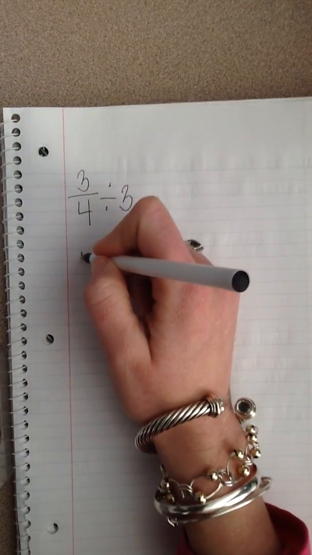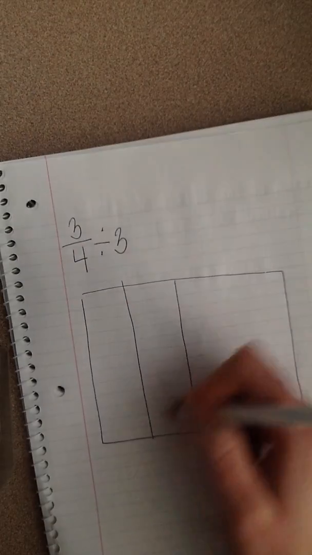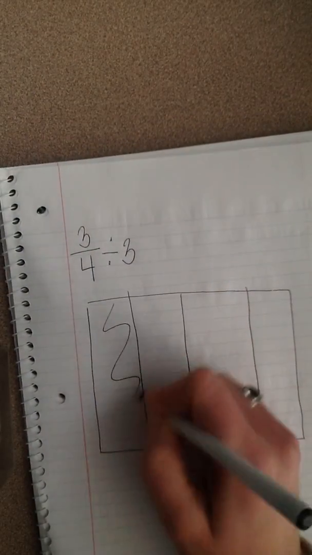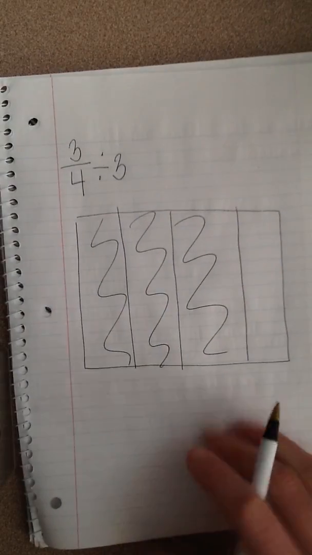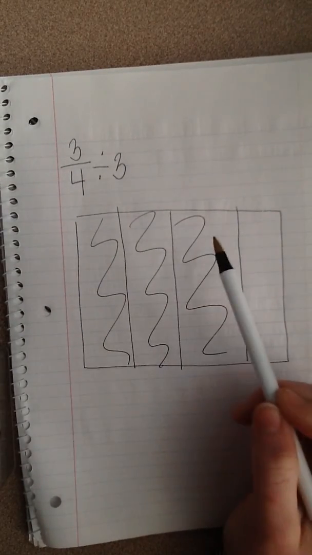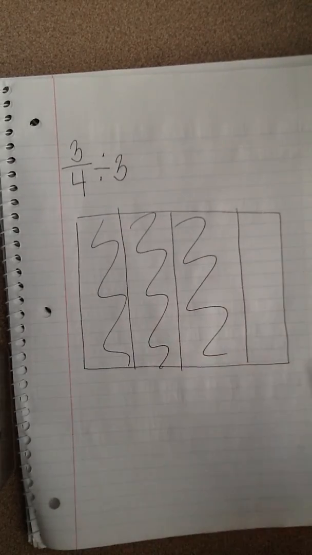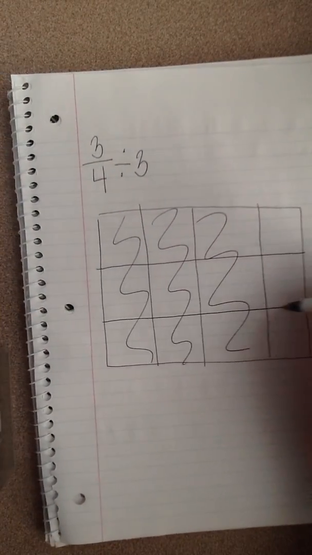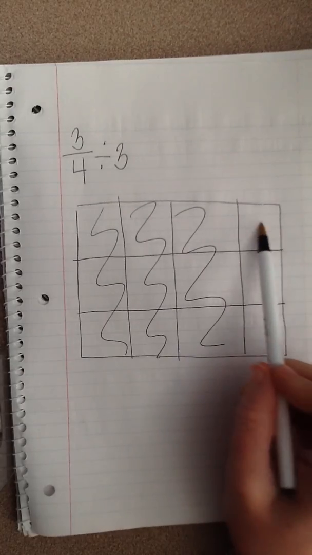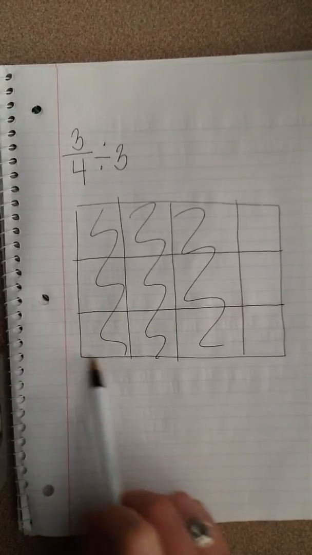So what I need to do is draw my total amount out. 1, 2, 3. So 3/4 equals my total amount, and then 3 is my number of groups. So I'm going to divide the whole thing into 3. So if you look, I've divided it now into 1, 2, 3.